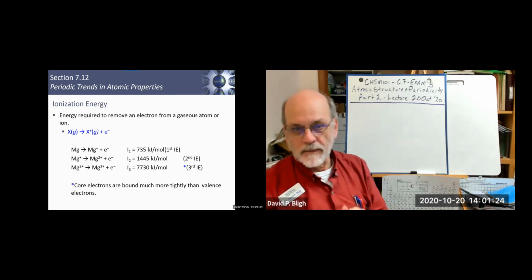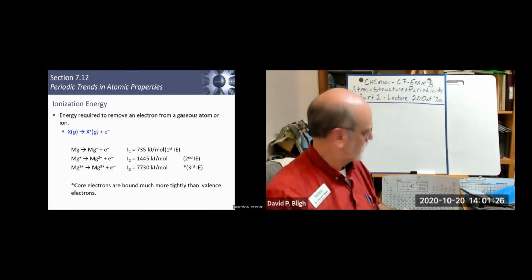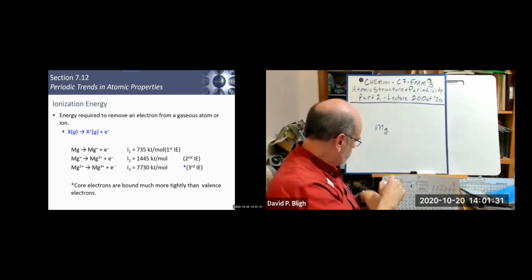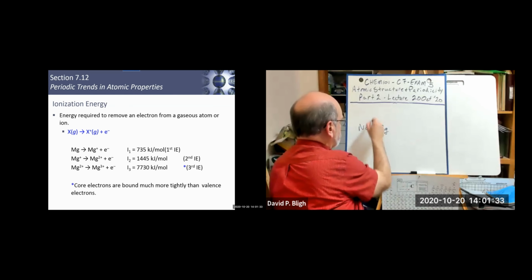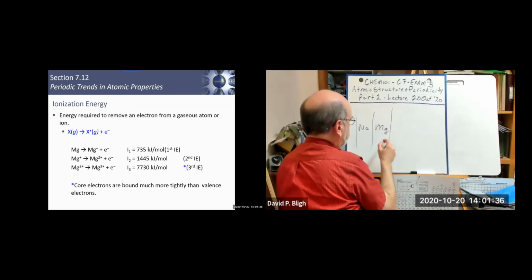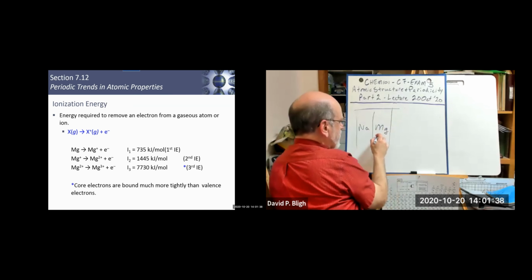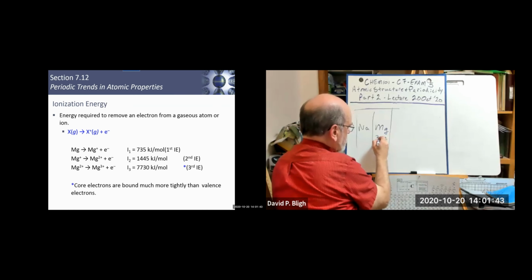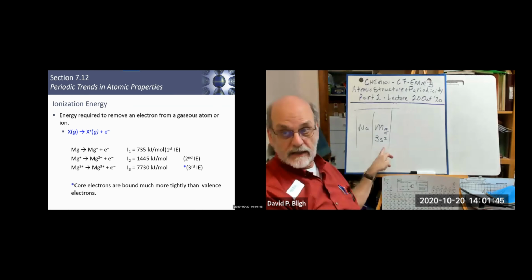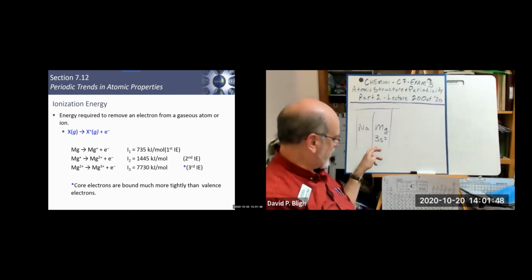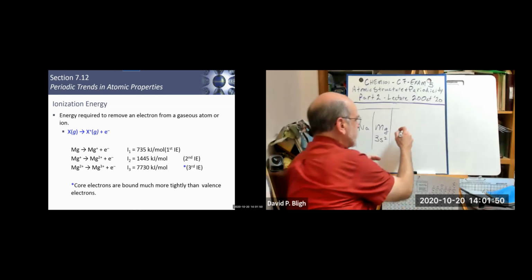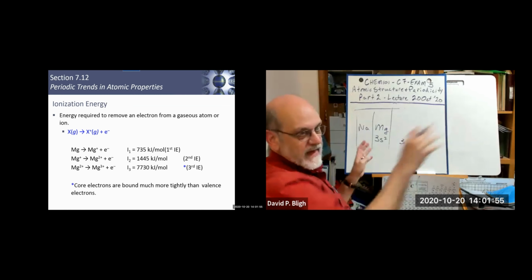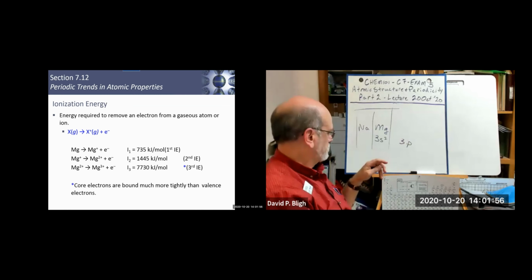Right? So if you have magnesium, and let's see, right next to it is sodium. And here, magnesium has 3s, 2 electrons. And then what does it have next? Well, the next is 3p. Beyond that, what's behind it?